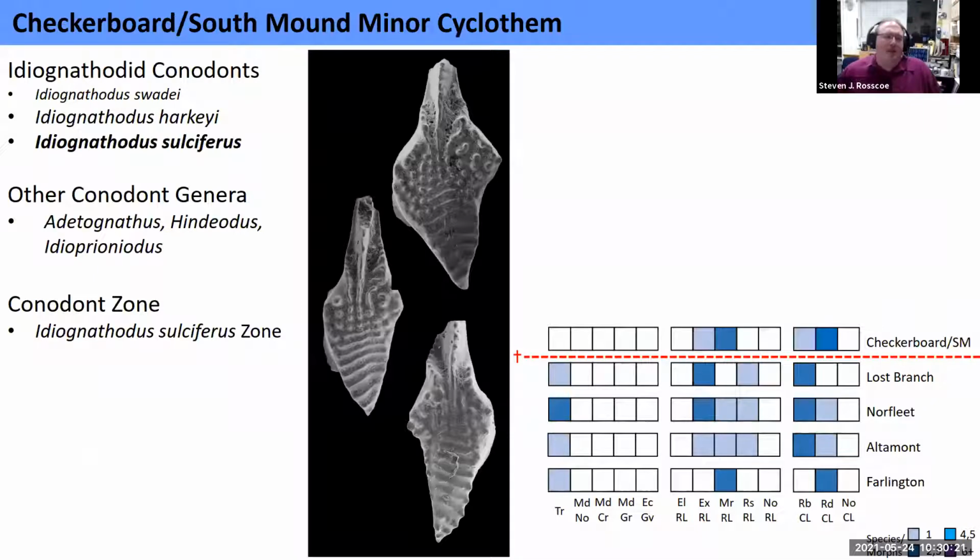This brings us to the Checkerboard South Mound. This is a minor cyclothem, and most of the time we don't even report these things in the zonations, but it was given the Idiognathodus sulciferus zone in Barrick's paper. And this is a zone characterized by Idiognathodus swadei, which has now lost its eccentric groove essentially.